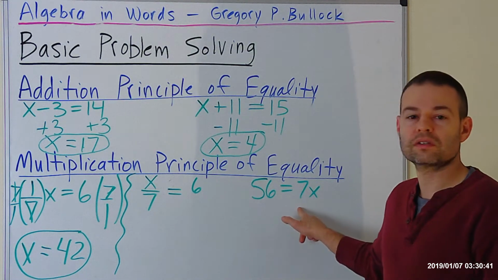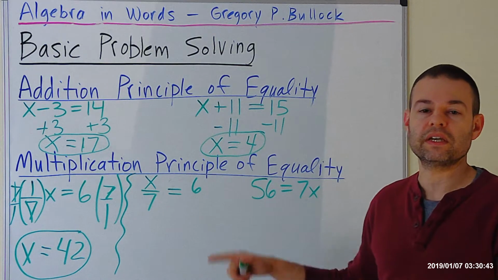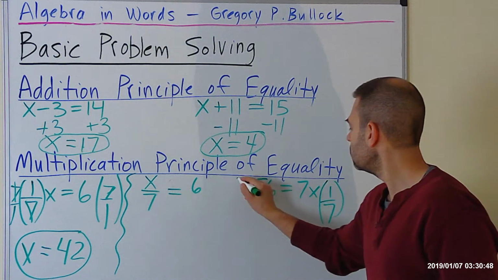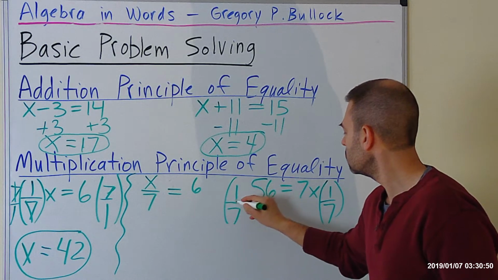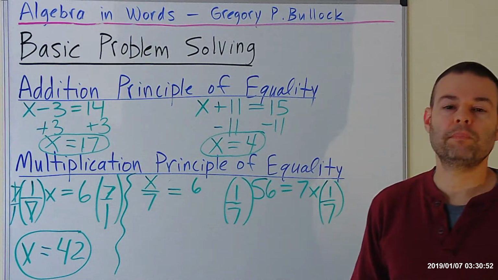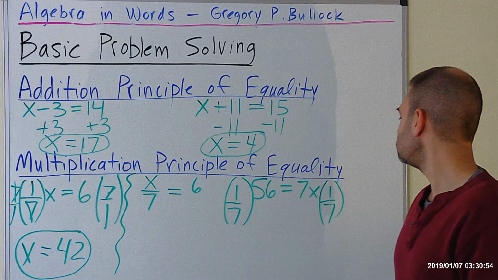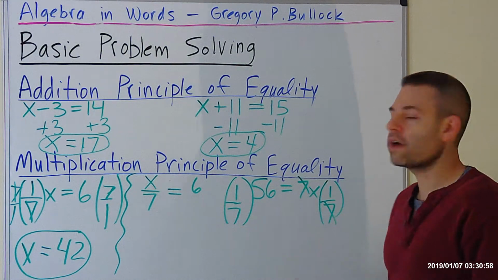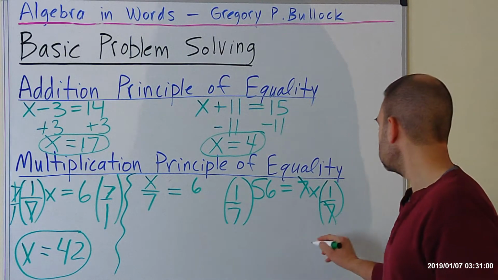If the coefficient is 7, the reciprocal of 7 is 1 over 7. So we're going to multiply both sides by 1 over 7. On the right, the 7's cancel out to 1, leaving x.